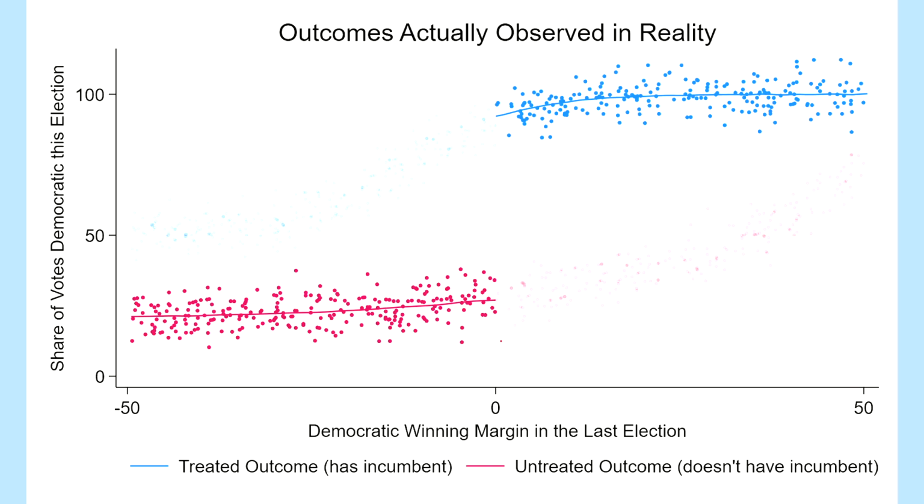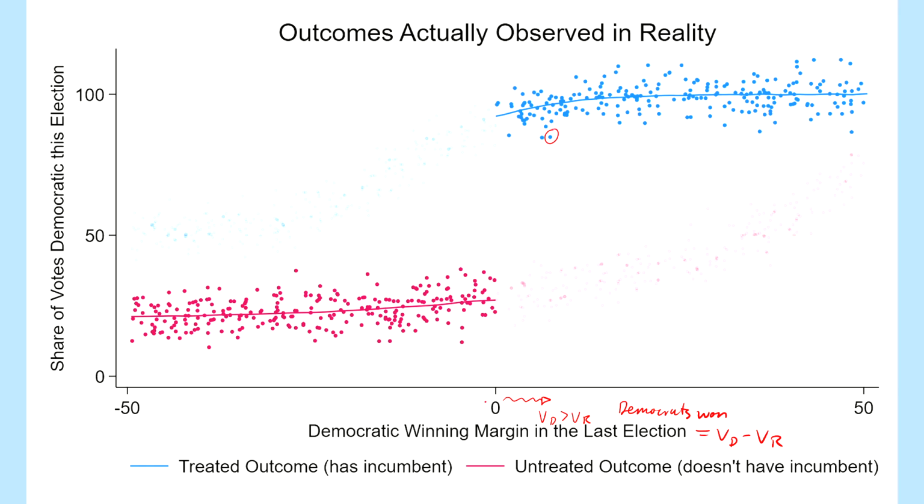So remember, the Democratic winning share in the last election is the share that went Democrat minus the share that went Republican. That means that everywhere where this is positive, the share that went Democrat was greater than the share that went Republican, and the Democrats won. Because they won, they have the incumbent, and what we see is the treated outcome for everywhere right of this zero.